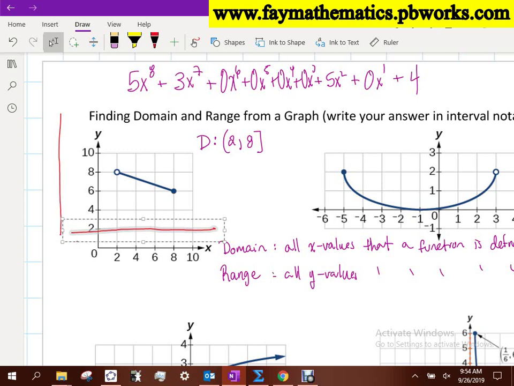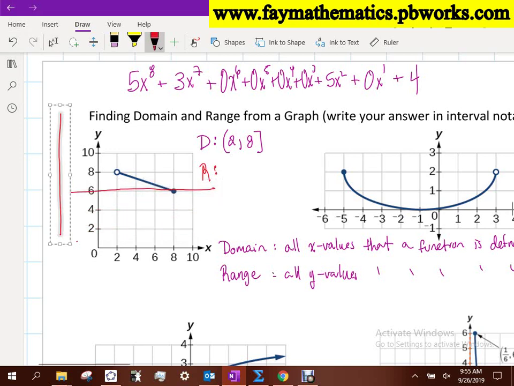I think people want to read graphs left to right, top to bottom, because that's how we read prose writing. But with a graph, you want to go bottom up, because it's then going to put my range in chronological order. If I go bottom up, what is the first y value that this is going to intersect with? 6, right? Now I include 6 because it's a closed dot.